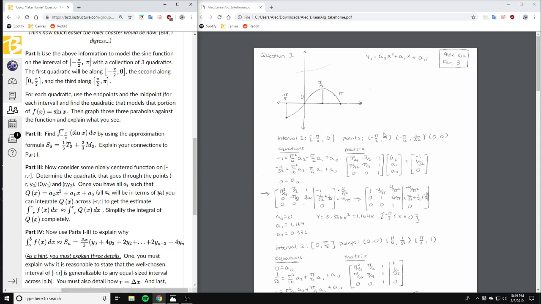What's interesting is that usually we're solving for x and y, and we know the coefficients. But this time, we're actually solving for the coefficients of our equation, because we were given the x and y already.